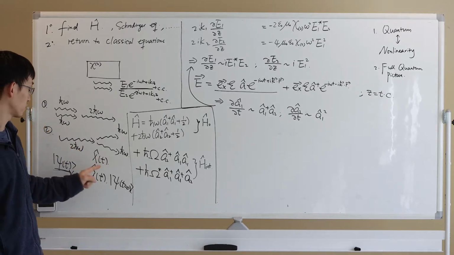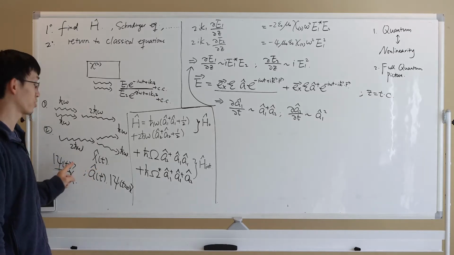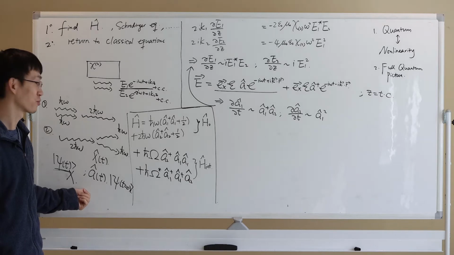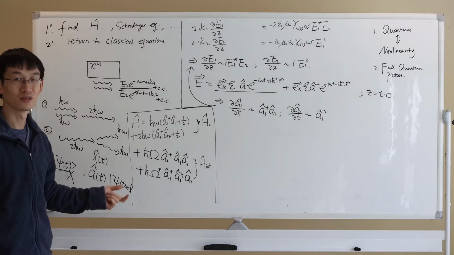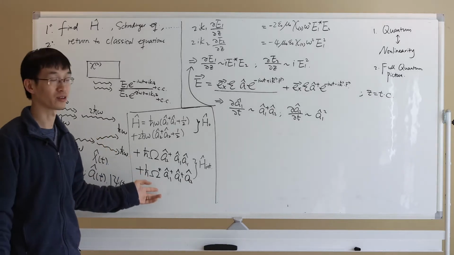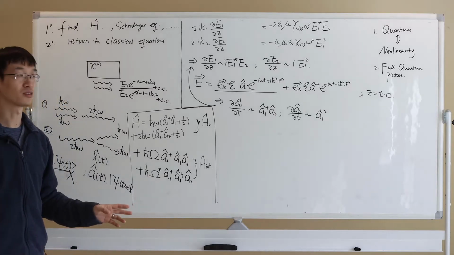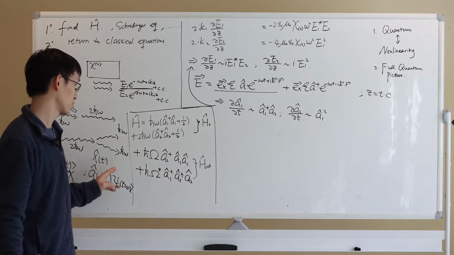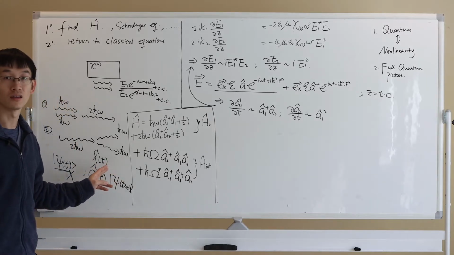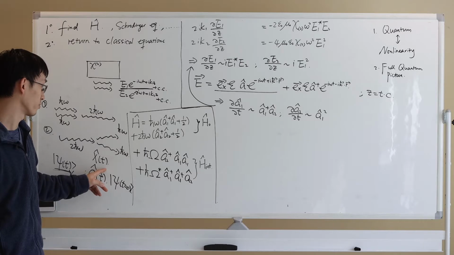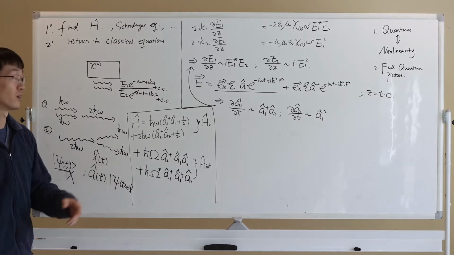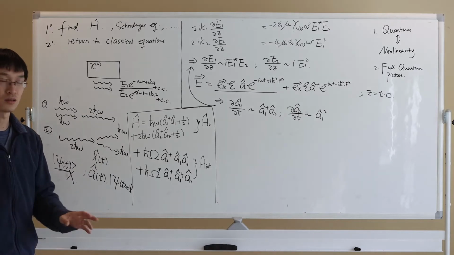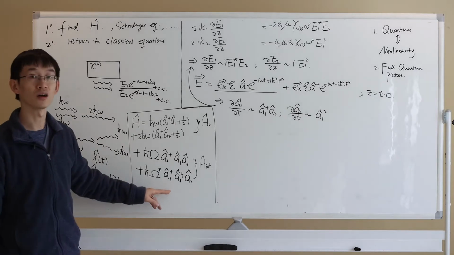But I want to make the argument very clear: these two are equivalent to each other, and choosing one over the other really depends on what system you're calculating. In some systems, it's easier to calculate the evolution of the wave function. In other systems, it's easier to track the operator. Let the operator evolve in time, but not the state. And in almost all the photonic cases, it's tracking the operator.